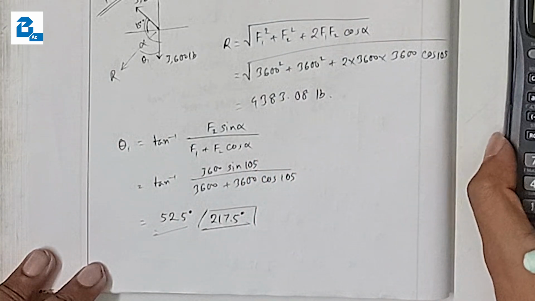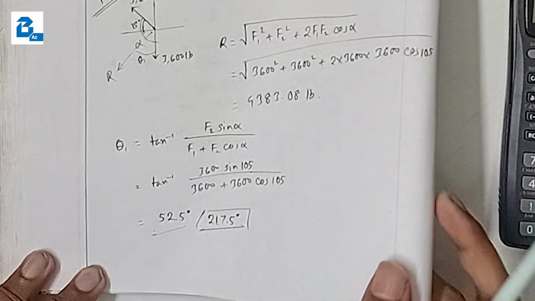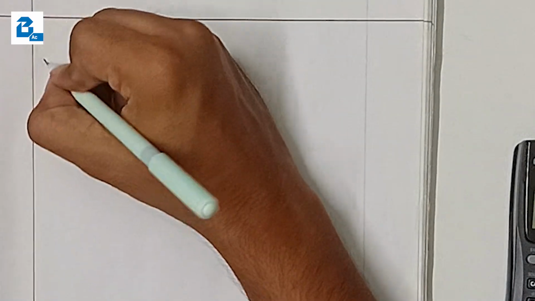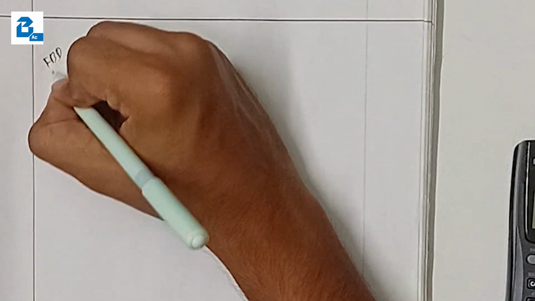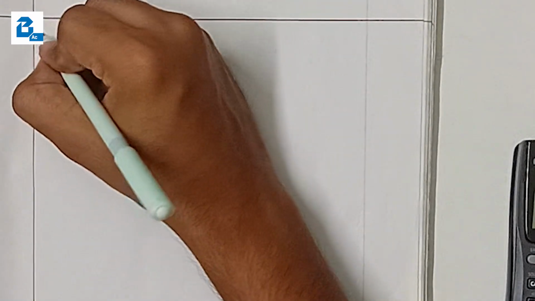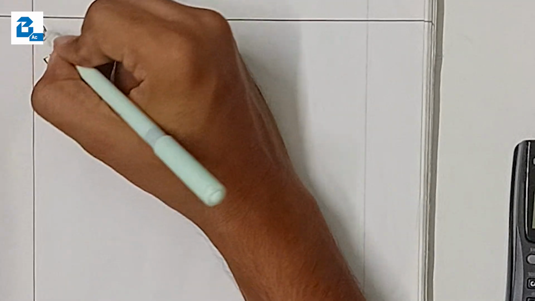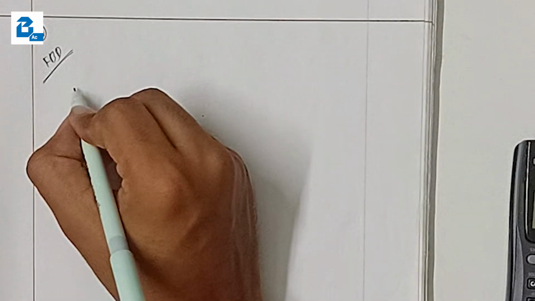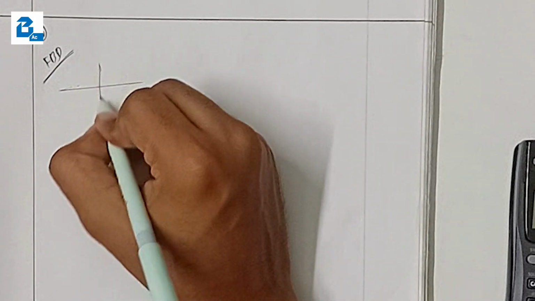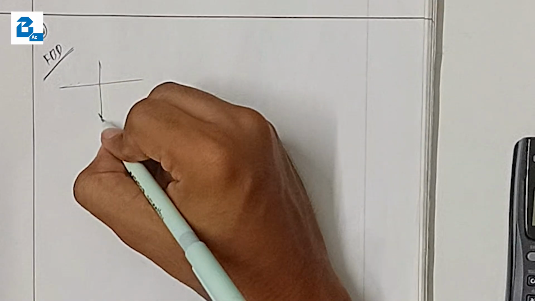Let's solve the A shaft. So for that we will have to draw the free body diagram of it. So it would be the number 2 or the B part. So here the free body diagram would look something like this.